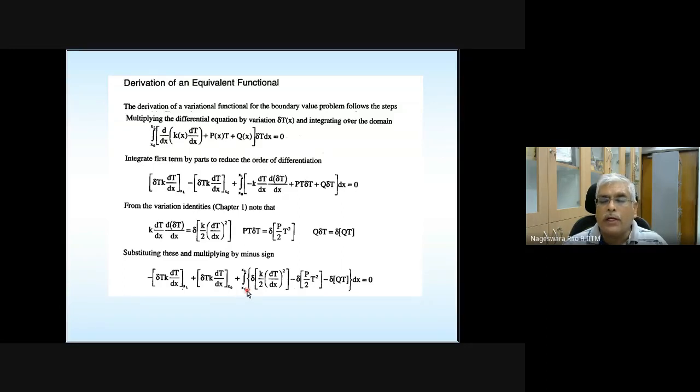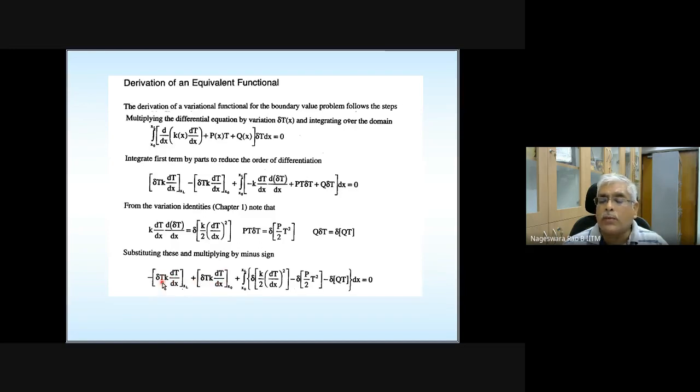If essential boundary conditions are specified at x is equal to 0 and at x is equal to L, these two terms are going to go to 0, because wherever you apply essential boundary conditions, variation of T at those locations is going to be 0.